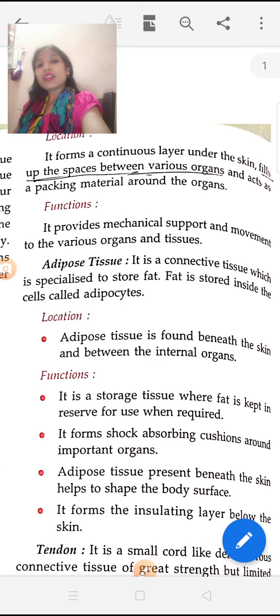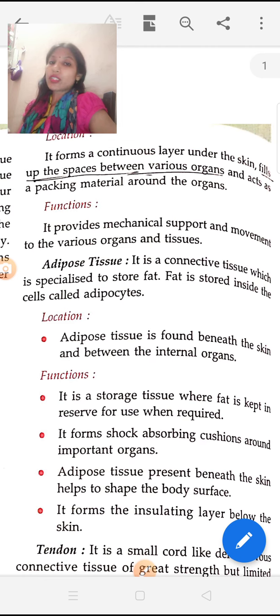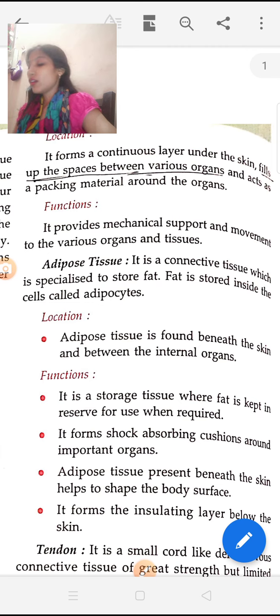I'll tell you about the main types of cells present in it. Number one is the adipocytes, the fat storing cells, and the second is the fibroblast. The fibroblasts are present in very few numbers in adipose tissue.